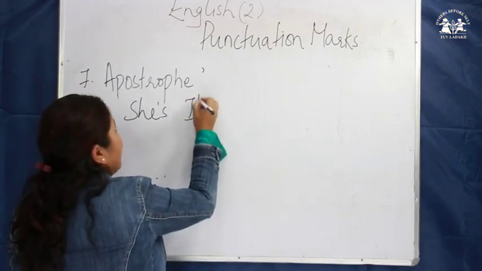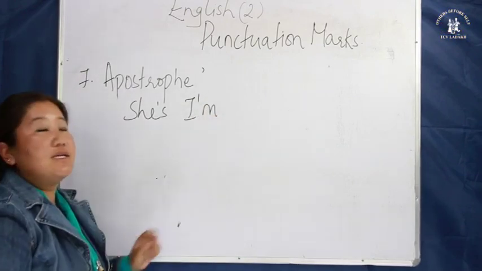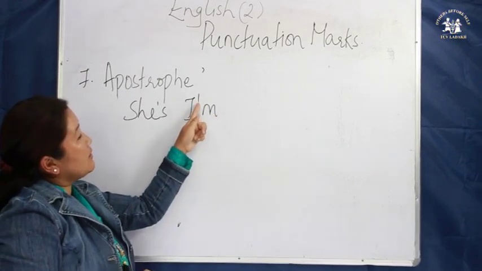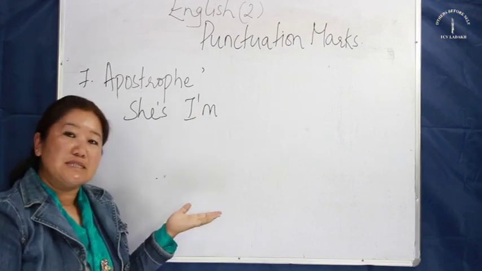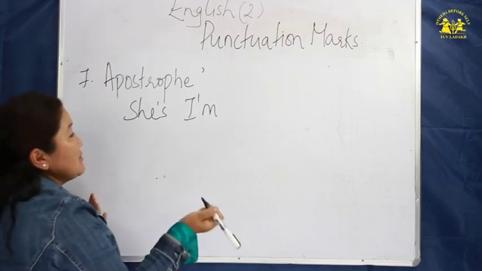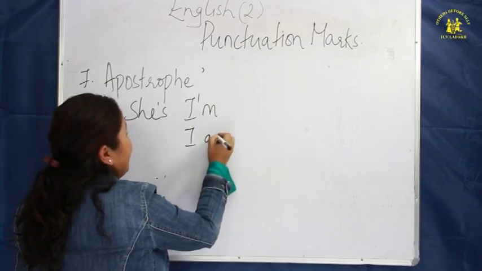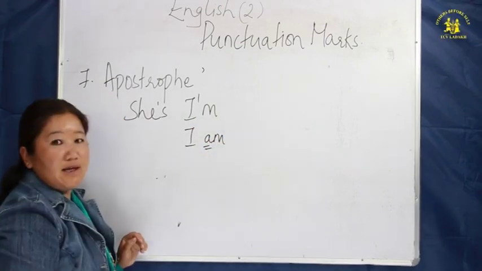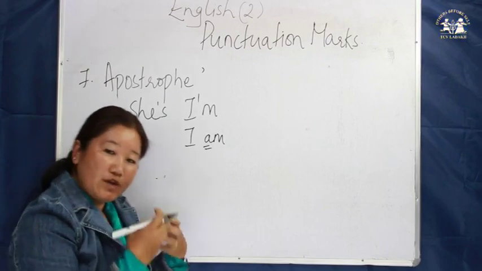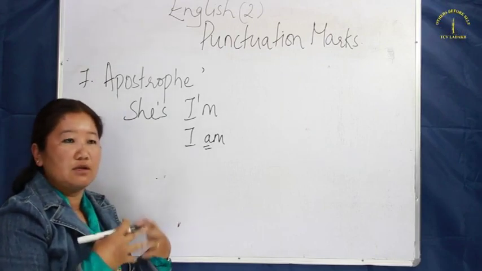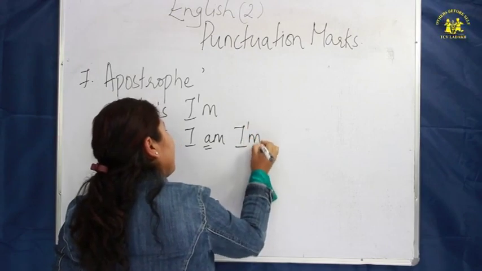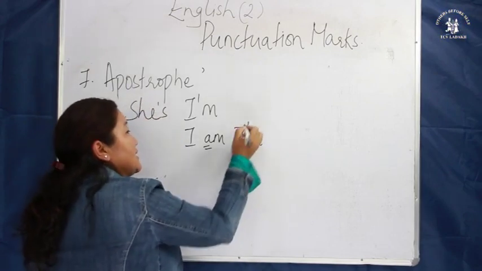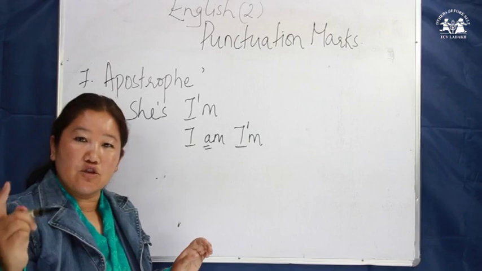I'm: what is missing here is the a of I am. So in order to contract the word, we use the apostrophe instead of the missing letter.